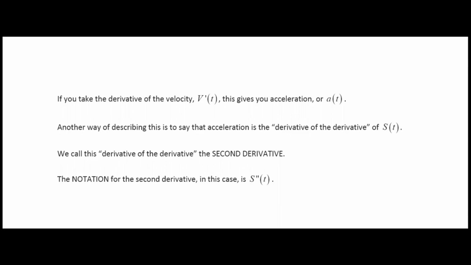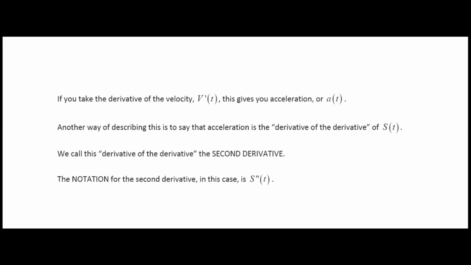Now, another way of describing this is to say that acceleration is the derivative of the derivative of s of t. Since it's the derivative of the derivative, we will refer to this as the second derivative. And the notation we will use is s double prime of t is acceleration.